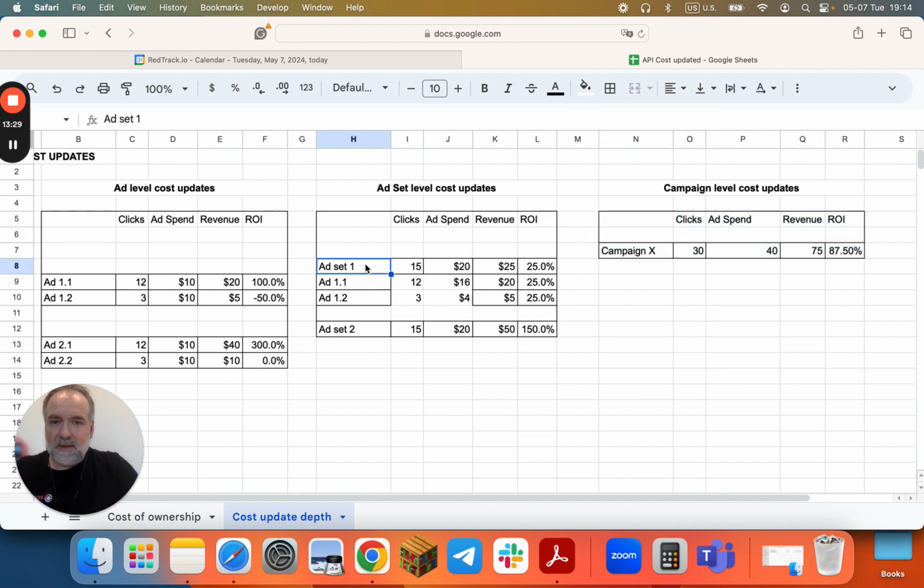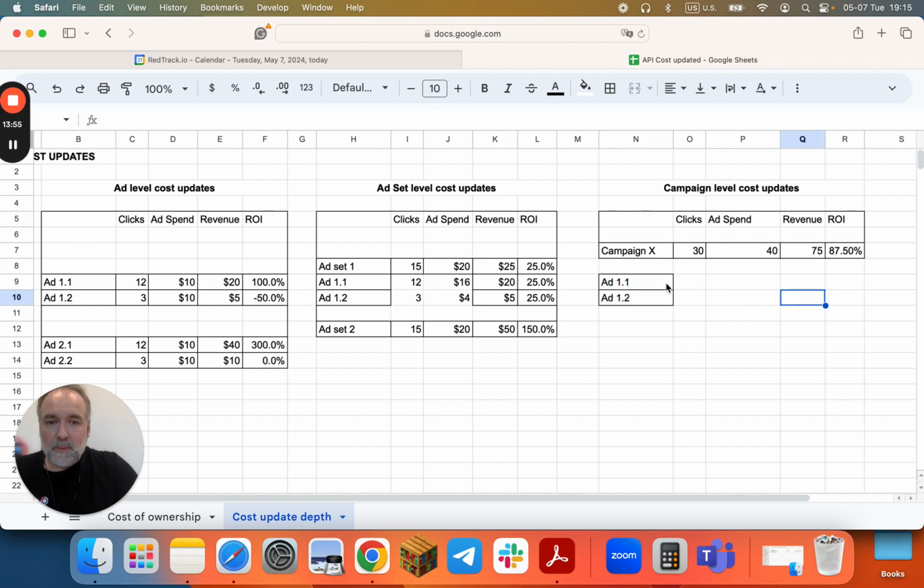We won't even take the ad set, it doesn't matter. This campaign is the summary, because we're getting costs now on the campaign level, it is the summary of these 2 ad set spends, the total ROI, and the total clicks.